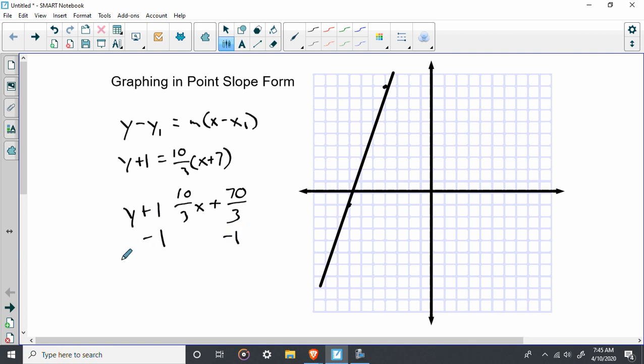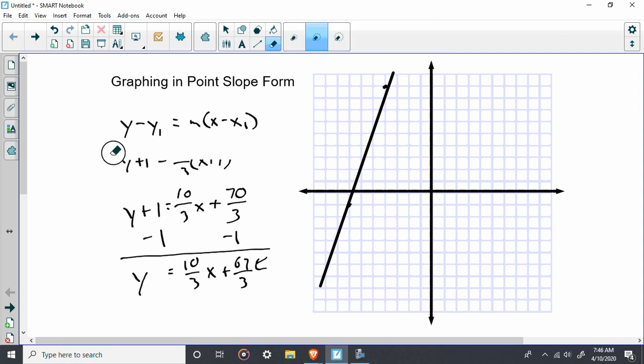Yeah, you could, but graphing y equals 10/3 x plus, I think it's 67/3, you can't start from this point. It doesn't work. So we said there were some limitations to slope-intercept form, and that's one of them. Point slope allows us to graph lines that don't go through an integer on the y-axis.